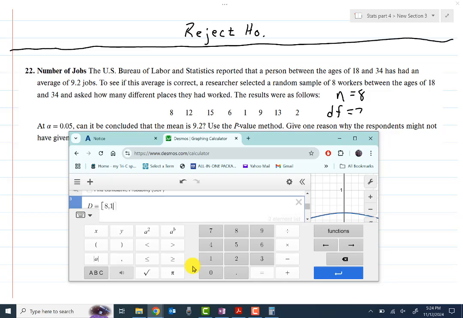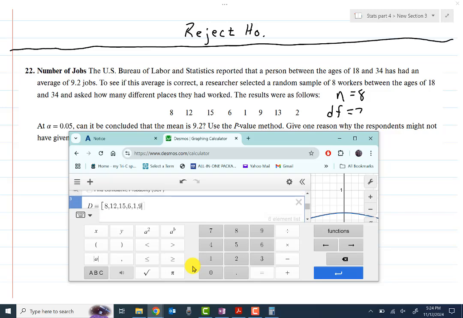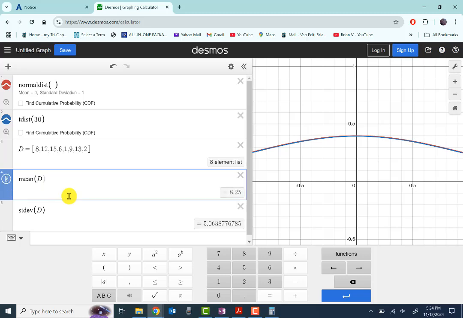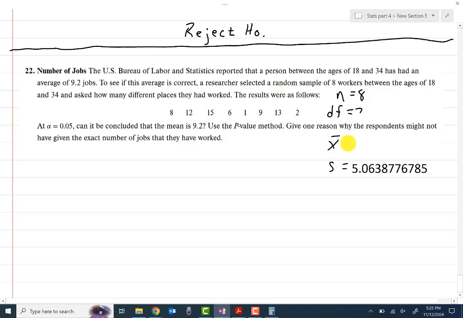Remember to separate these by comma. 12, 1, 5, 6, 1, 9, 13, 2, and finish. That's an 8-element list like it says. Good. Now we pull this up. I get the standard deviation and the mean. 8.25. I think I can remember that one. Let me copy the standard deviation though. There's my standard deviation, and x bar was 8.25.